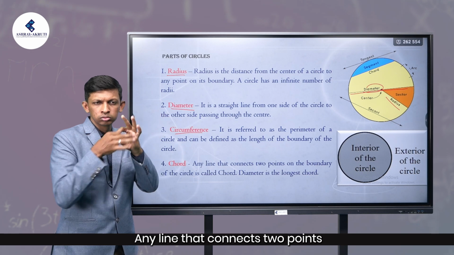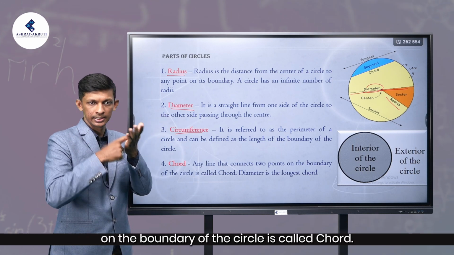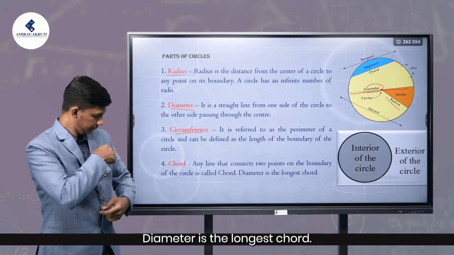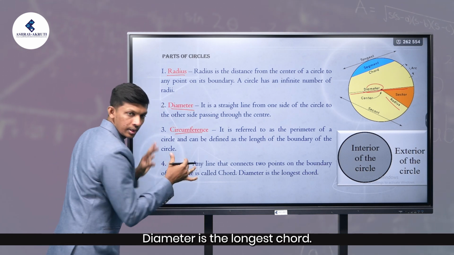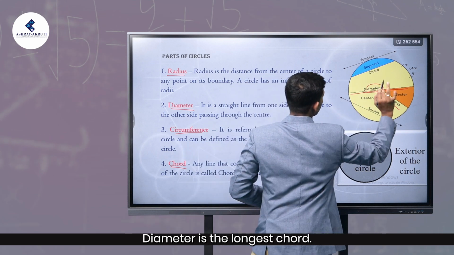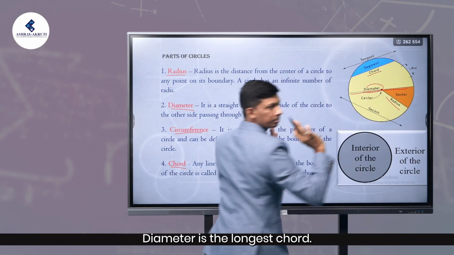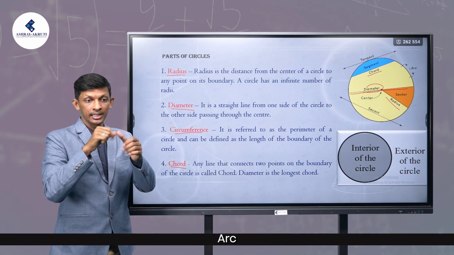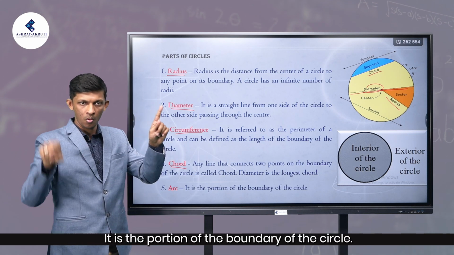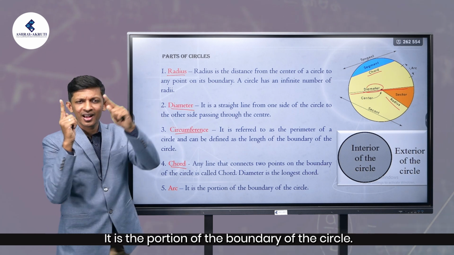Any line that connects 2 points on the boundary of the circle is called chord. Diameter is the longest chord. Arc. It is a portion of the boundary of the circle.